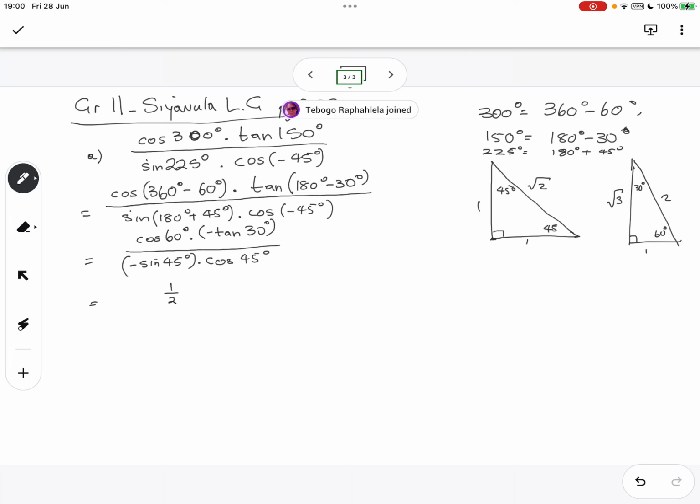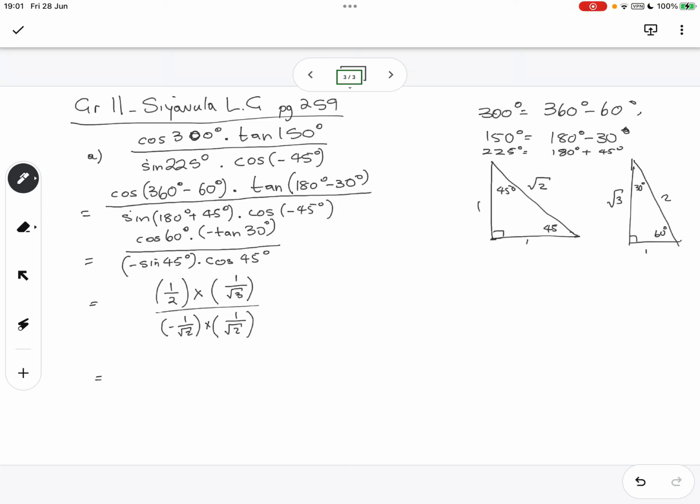So we'll have 1 divided by 2 multiplied by tan of 30 degrees, which is opposite over adjacent. So it's 1 over the square root of 3. Then in the denominator, sine of 45, or rather negative sine of 45, is negative 1 over root 2. And the cos of 45 is also 1 over square root of 2. But in this case, it's positive.